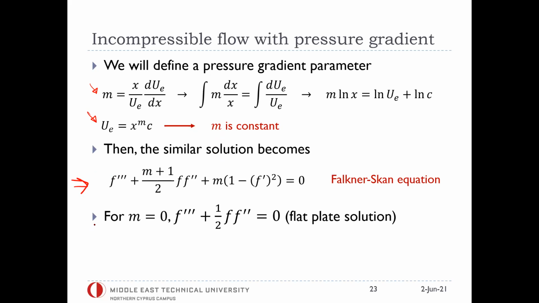This new equation has extra terms: the third derivative with respect to eta, the first and second derivatives, and the first derivative squared, multiplied by parameters like m plus 1 over 2 and m, and 1 minus f prime squared.